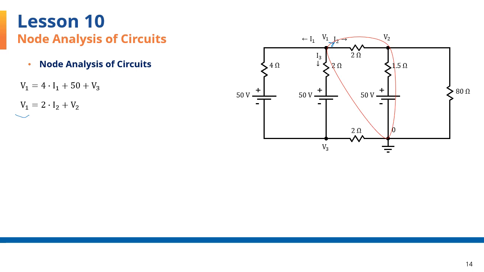A voltage drop along the way of 2 times I2, and that goes on the right hand side, and another drop of V2 in reaching reference node, so that goes on the right hand side. Notice I don't go through the details of this branch. Once I get to V2, I'll go right away to the 0 reference node and write the voltage drop as V2 on the right hand side.